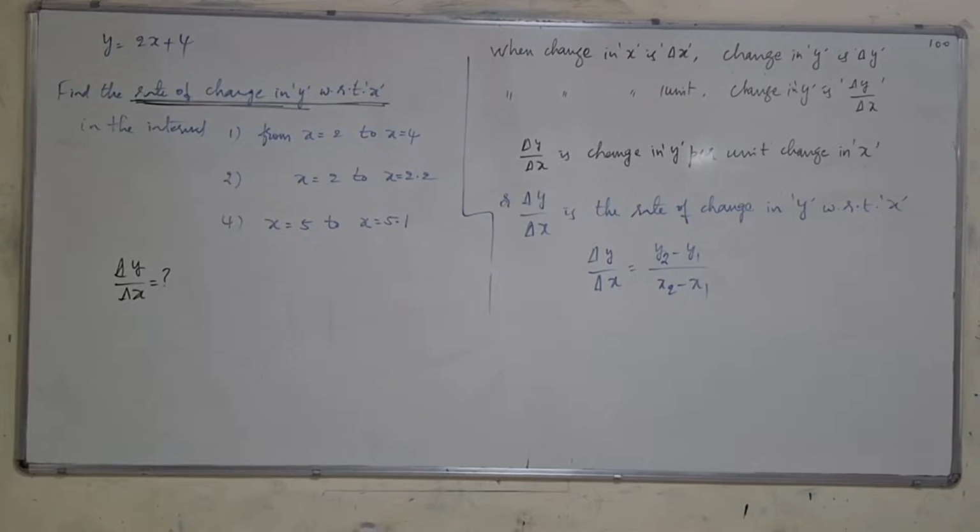How can it be 0.2? I am asking you delta y by delta x. 1, sir. You are only finding delta y. I am asking you delta y by delta x. 2. Third case.